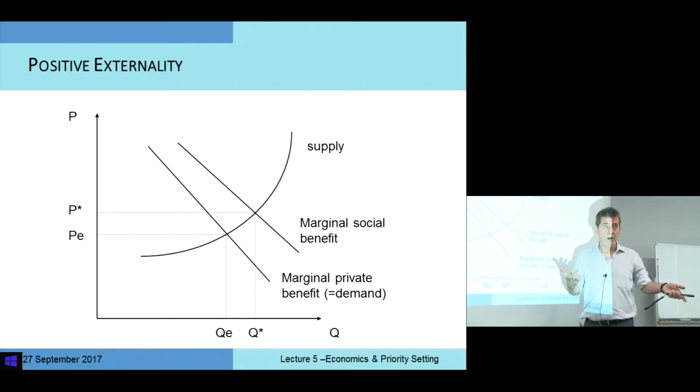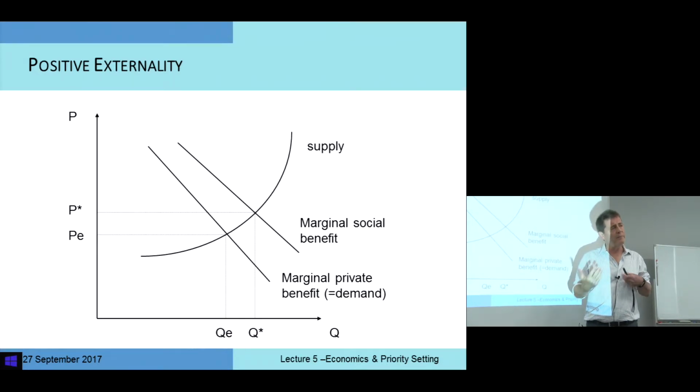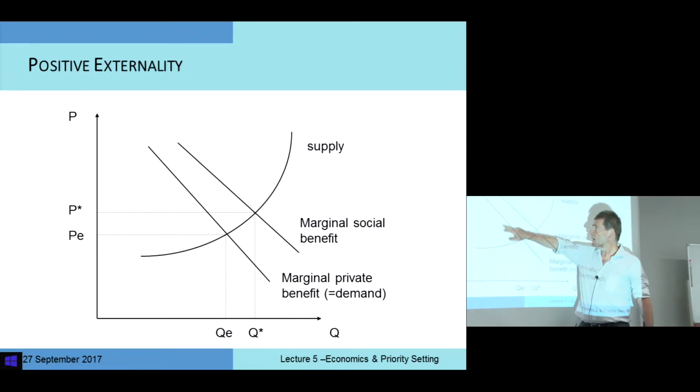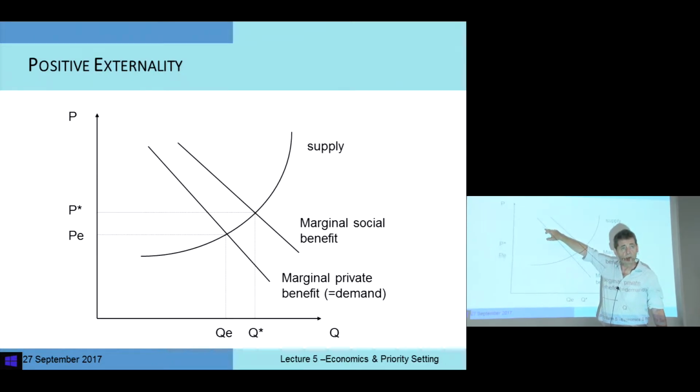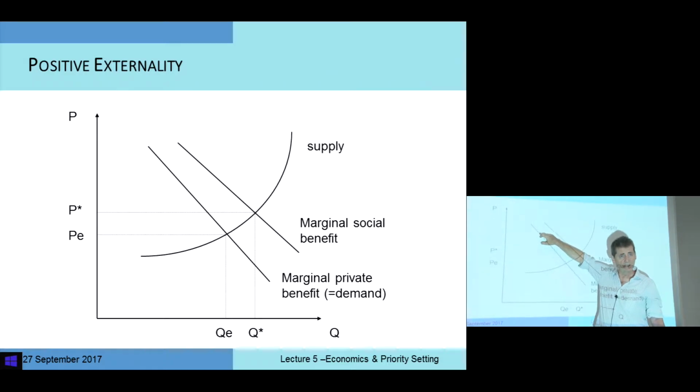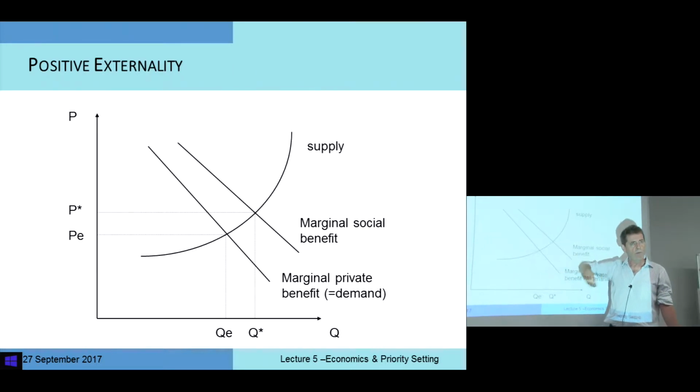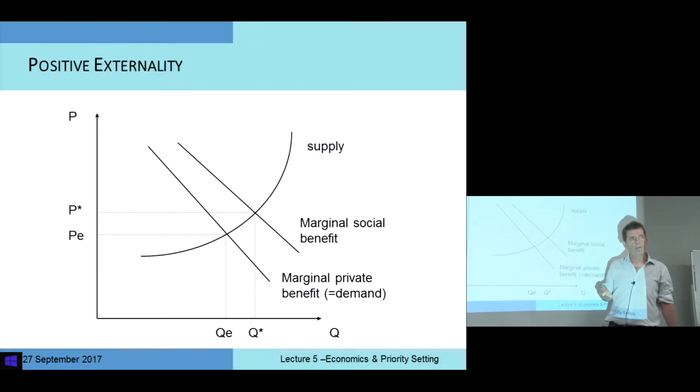If we left it all to the market, individuals would look at the price of obtaining a vaccination and think, what's the benefit to myself? If the price was very high, some people would get vaccinated. They would think, yes, this is worth it, I want to protect myself, but not so very many. At lower prices, more people would choose to be vaccinated.